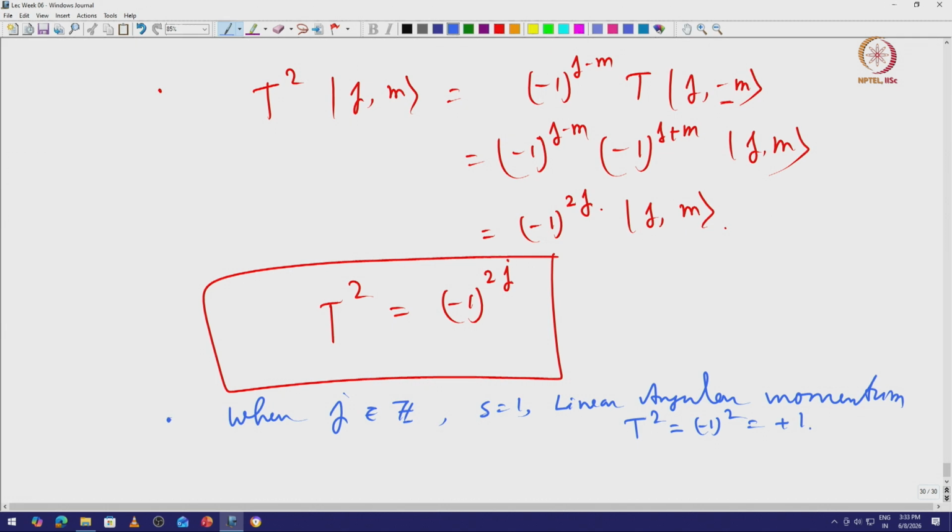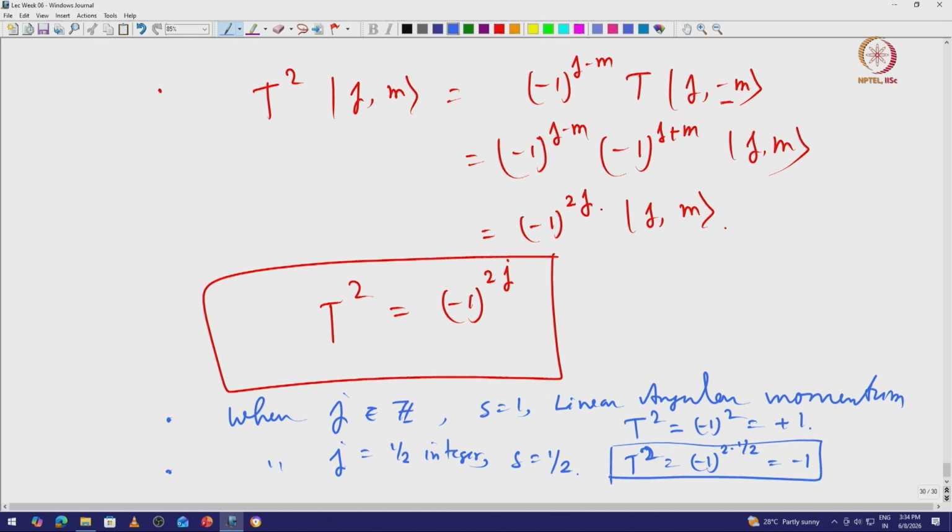So, you do not have any Kramers degeneracy, but when j equal to half integer, for example, spin half electrons that we are interested in, you will have T square equal to minus 1 to the power 2 times half, which gives us minus 1. Okay.